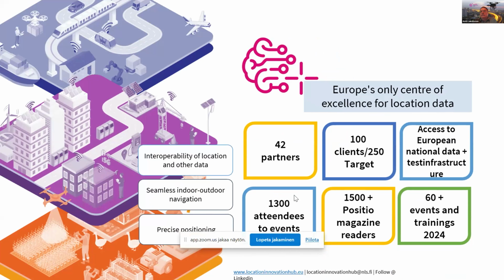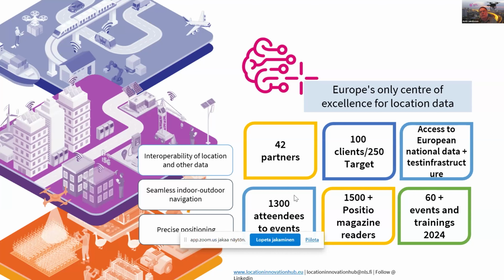There's 4 in Finland, and basically we are about the only center of excellence for location data among these 151 EDIHs in Europe. And of course, the EDIHs are trying to help businesses, but also some EDIHs are helping public sector to work on digitalization, mostly on AI, HPC, and cybersecurity, and those are also our targets.